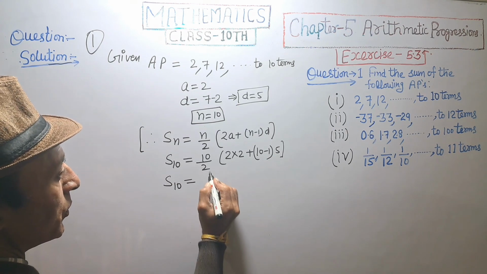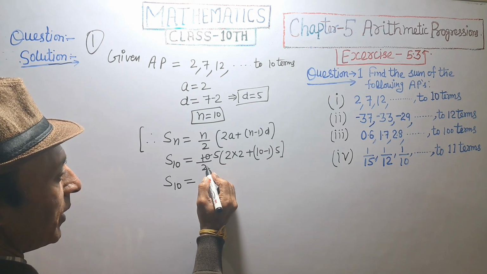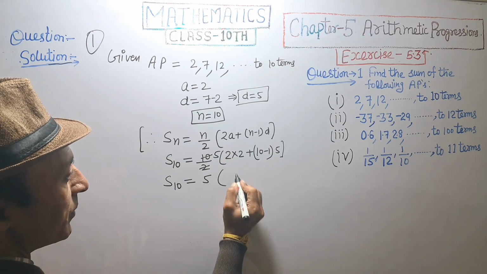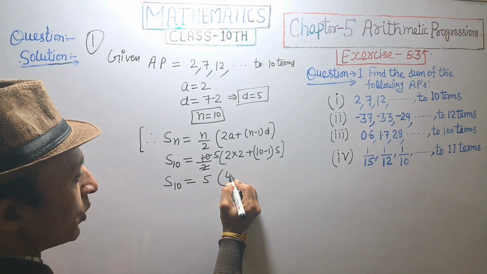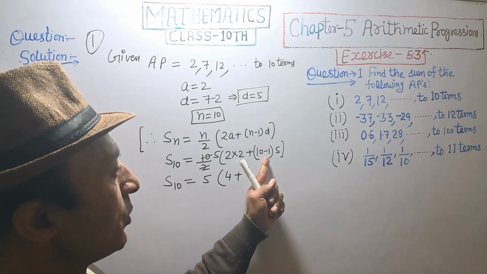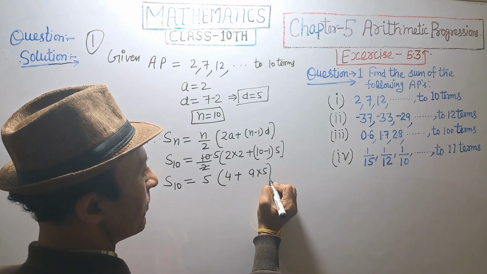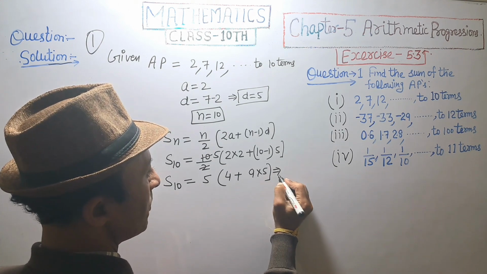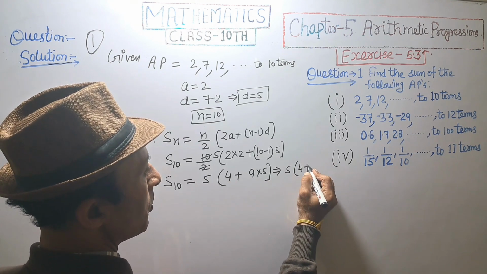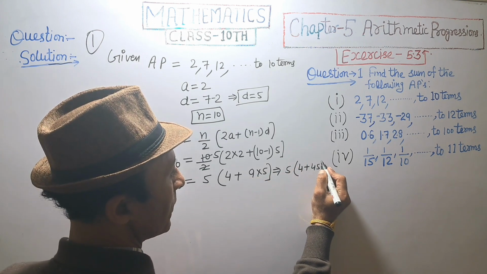S10 is equal to 10 divided by 2, that is 5. 2 into 2 is 4 plus 10 minus 1 is equal to 9 multiplied by 5. This implies 5 into 4 plus 9, 5s are 45.